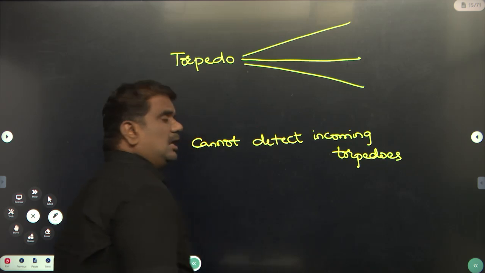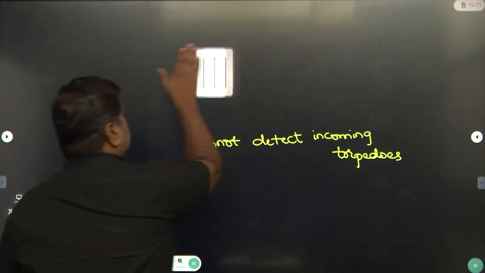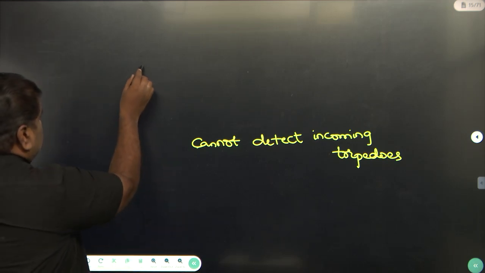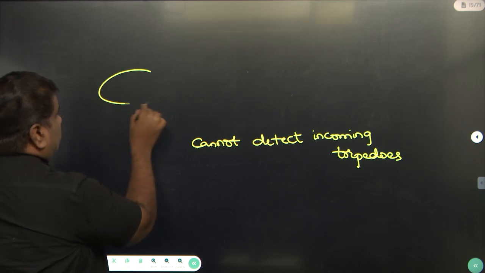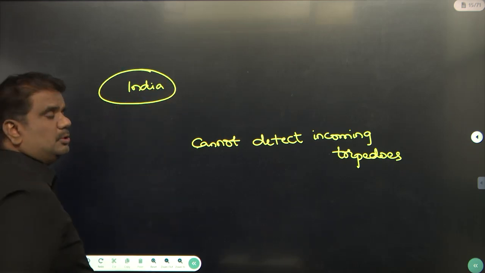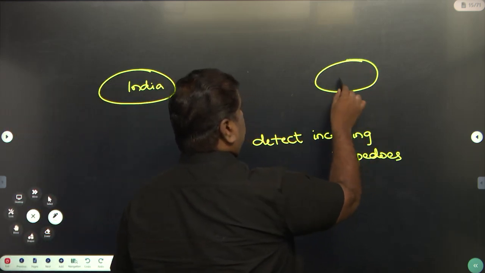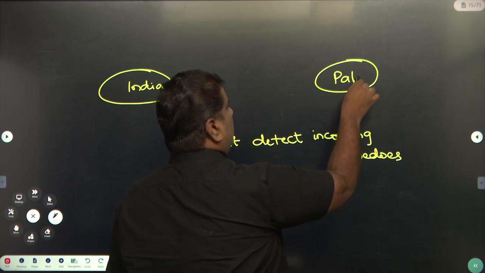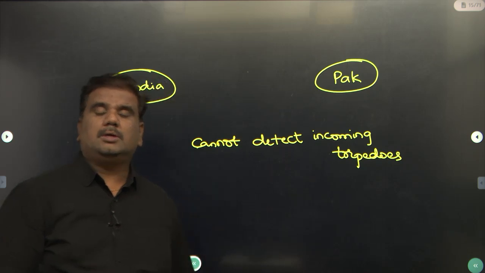Now, what is the meaning of this? Suppose this is a submarine belonging to our nation. At the same time, you talk about the enemy submarine. For example, just imagine we are talking about the Ghazi movie here.